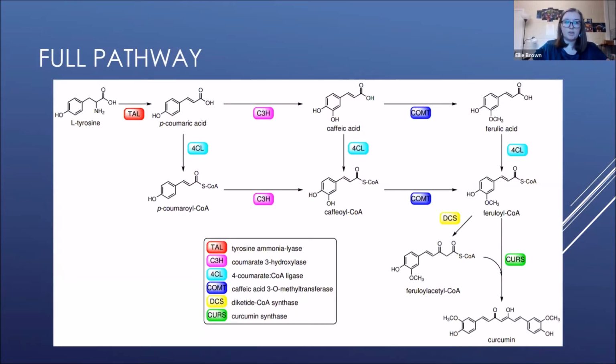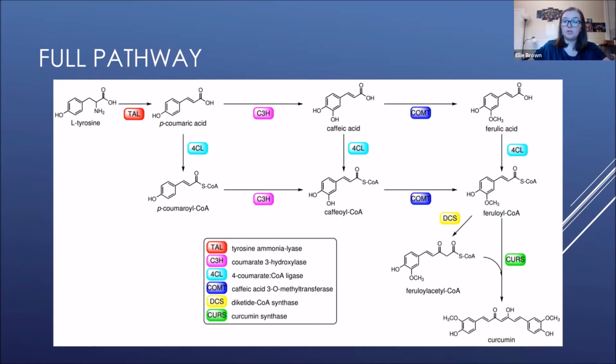This is the full pathway from L-tyrosine to curcumin. First, L-tyrosine is converted to p-coumaric acid via TAL, tyrosine ammonia lyase. And then p-coumaric acid can either go to caffeic acid or p-coumaroyl-CoA with either C3H or 4CL.